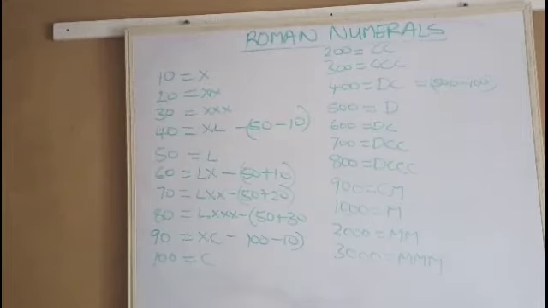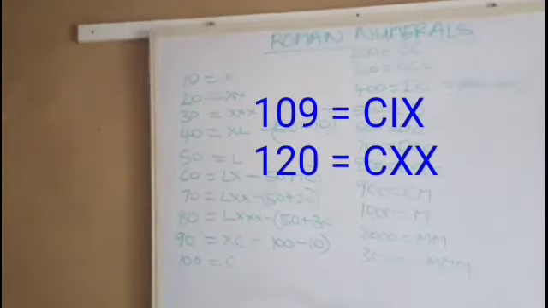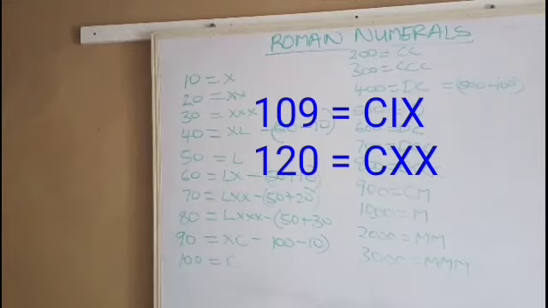100 is C. 200 is CC. 300 is CCC. Now if we are looking at 109, that is simply CIX. Why? Because you are adding 9 to 100.